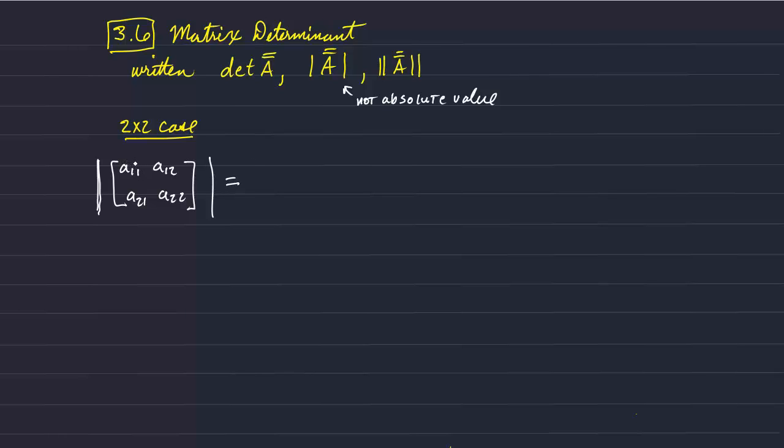We just take the product of the first diagonal, the main diagonal of the matrix, and we subtract the product of the secondary diagonal. Okay, so the product of the first diagonal minus the product of the second diagonal. Okay, for a 3 by 3 matrix, it's slightly more involved.